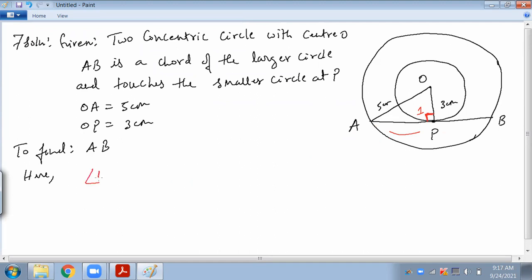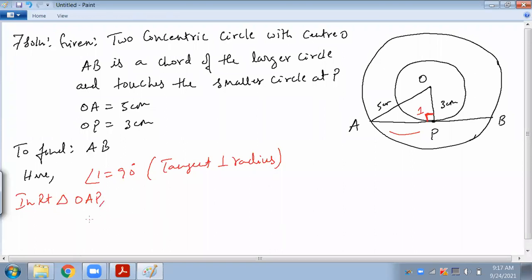First, angle 1 is equal to 90. Why? Tangent is perpendicular to radius. So in right triangle OAP, we can use the Pythagoras theorem.